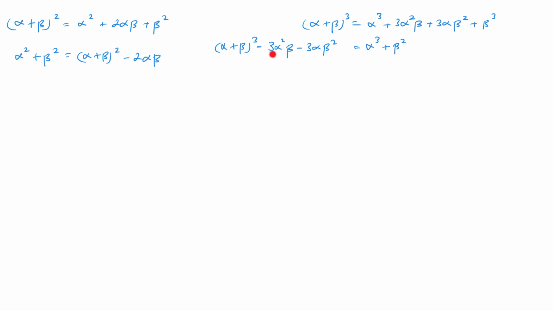Now here I can do a little bit of factorizing, can't I? Because we can take a 3 out of these, we can take an alpha out, we can take a beta out. So we've got our alpha plus beta cubed minus 3 alpha beta, which is nice, isn't it? And once I've taken that out, I'm left with an alpha plus a beta.